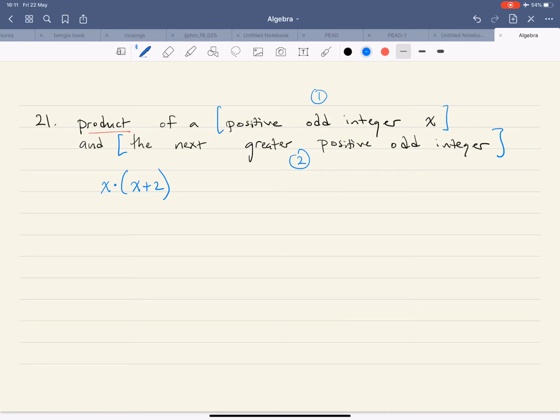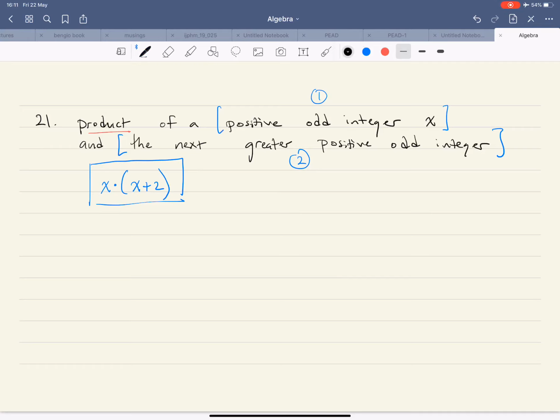So we're multiplying those. Remember that we spoke earlier with oral exercise number 18 about why the next greater positive odd integer would be x plus 2 if we're looking at the positive odd integer being x. So this is my answer.